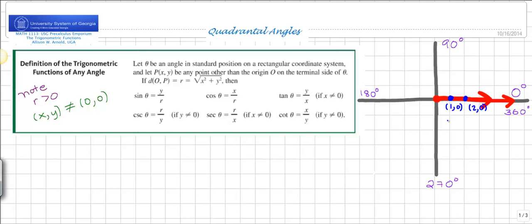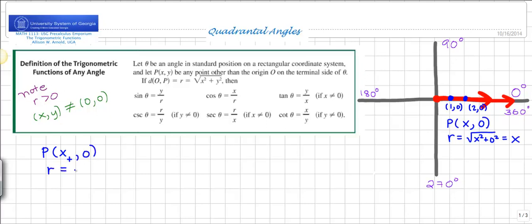But basically here your point P has a positive x coordinate and a y coordinate of 0, which would make your r value simply the length x. Okay? So if you take a look at x being positive, I'm going to put a little subscript plus for positive, okay?